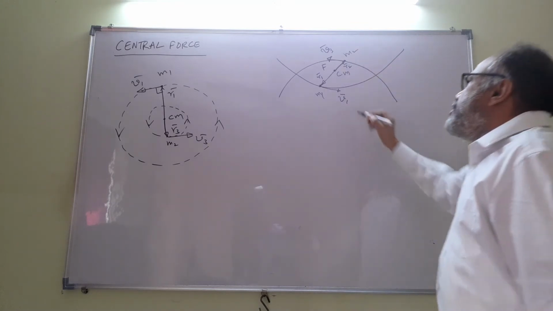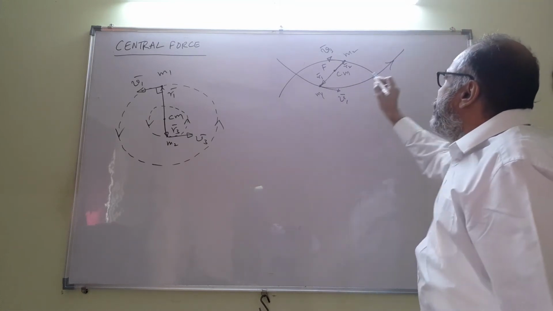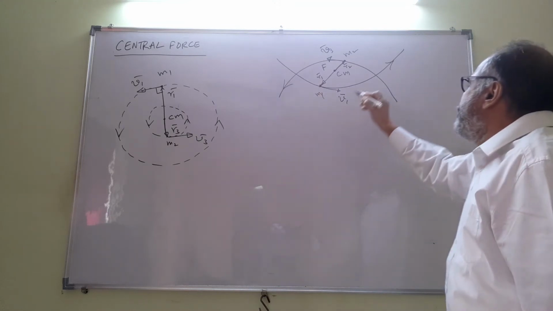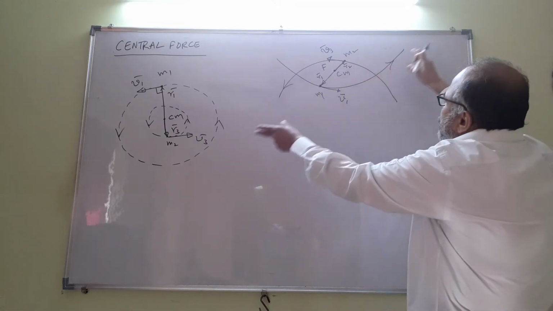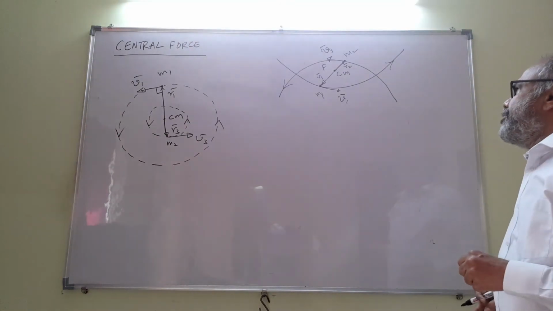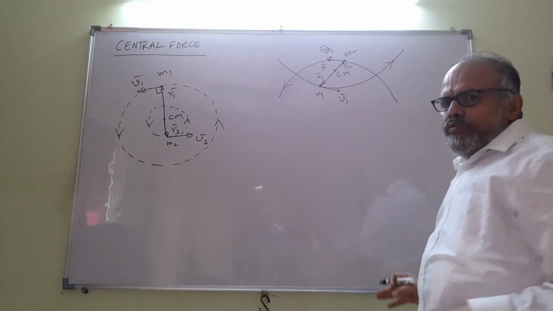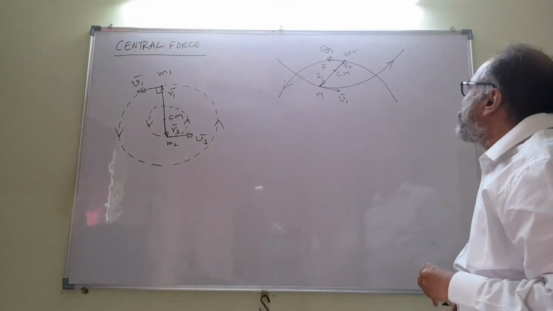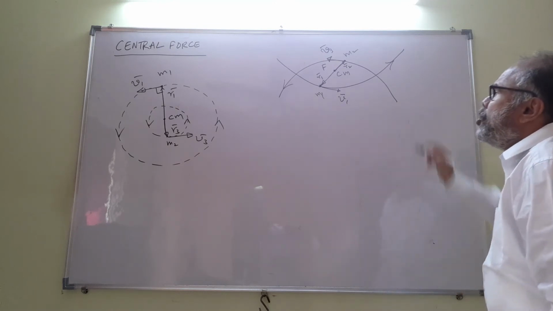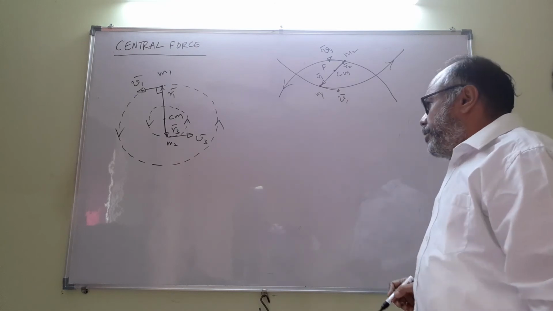As you can see, m1 would move this way to infinity and m2 would move this way to infinity. So both of them, this is a case of unbounded system. The two masses are not bounded. They tend to move towards infinity and have infinite separation. So this is a case where it is a parabola or a hyperbola.